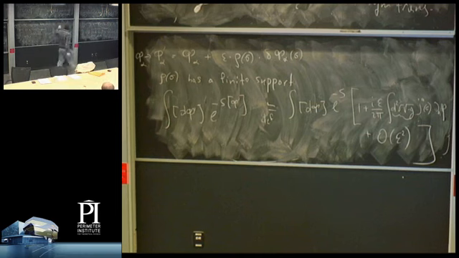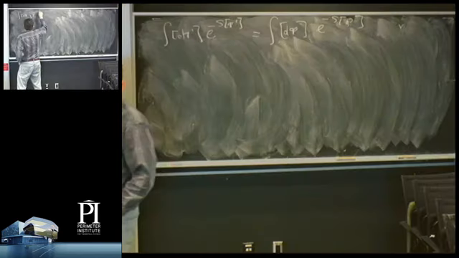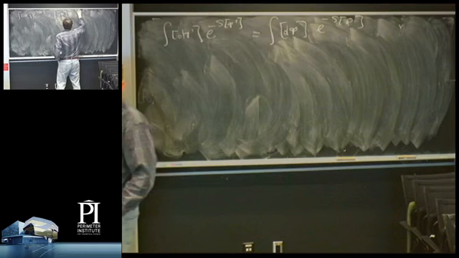But now, and again, we just look at the leading product. But now I'm going to make a statement that the integral of d phi prime e to the minus S of phi prime is the same as the integral of d phi e to the minus S of phi.